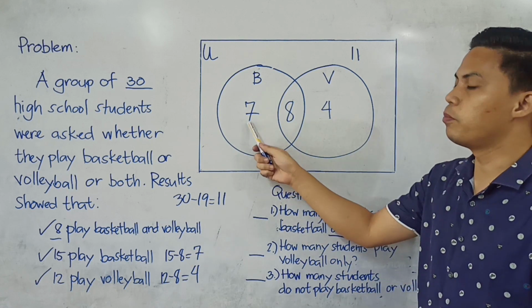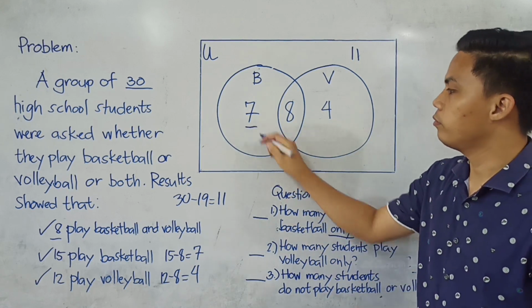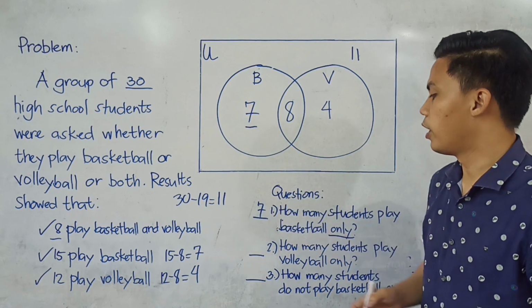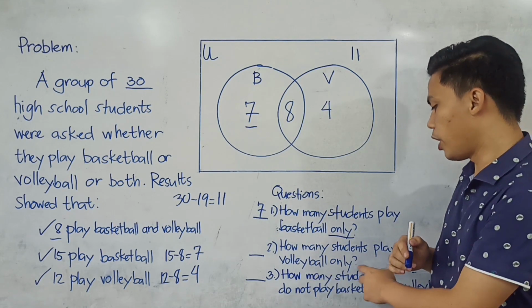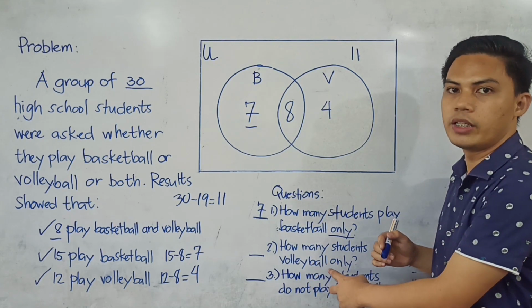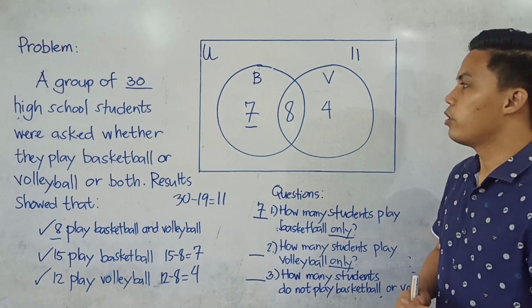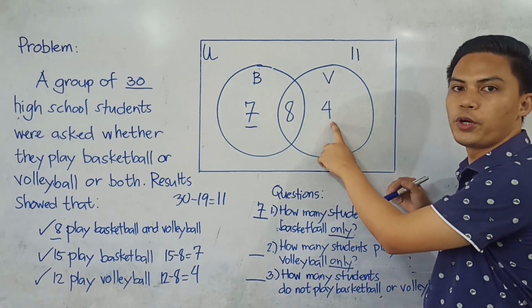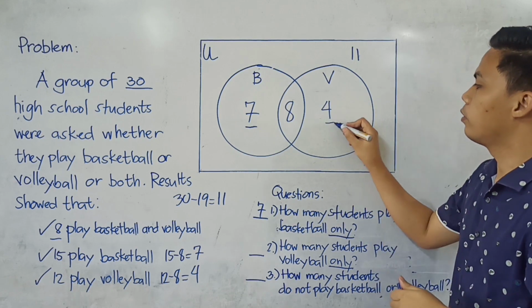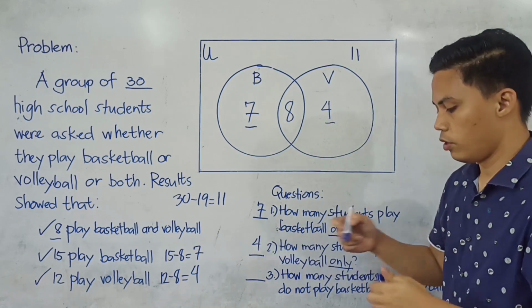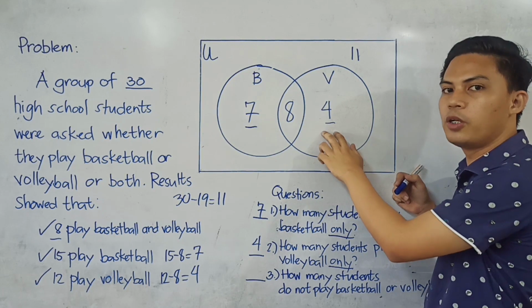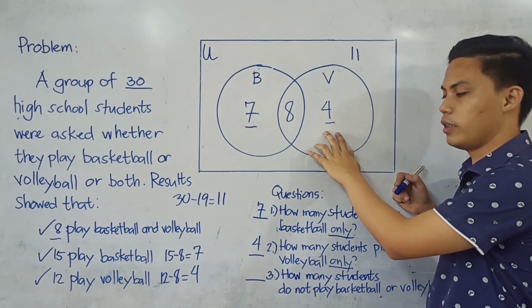So, the answer would be 7. Next question. How many students play volleyball only? Okay, naka-emphasize pa rin yung word na only. So, the answer would be 4. So, there are 4 students na volleyball lang talaga yung nilalaro nila.